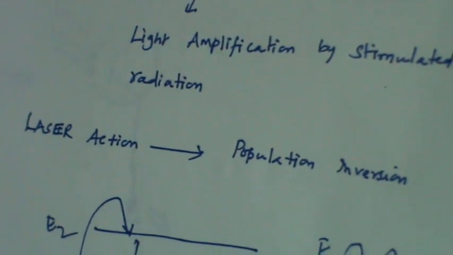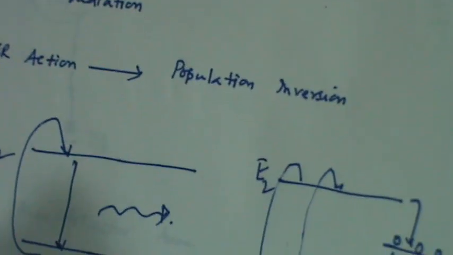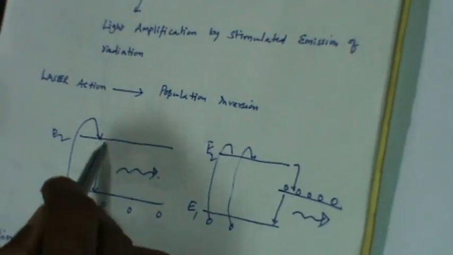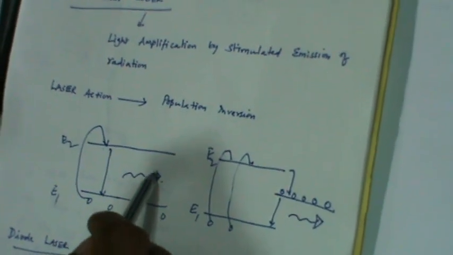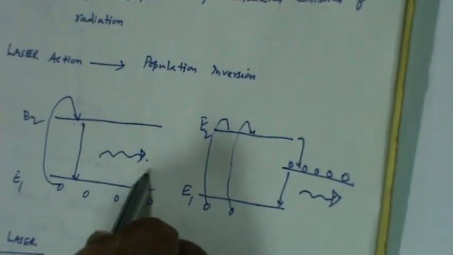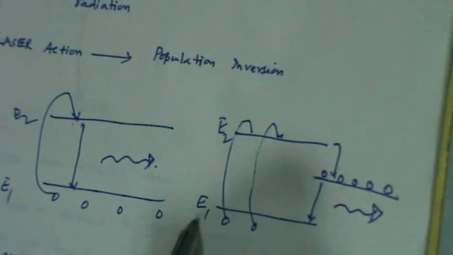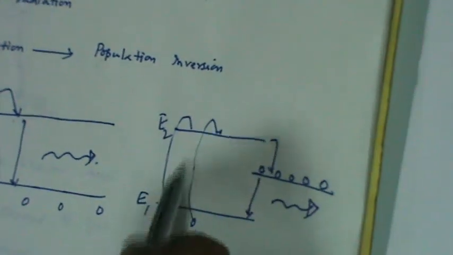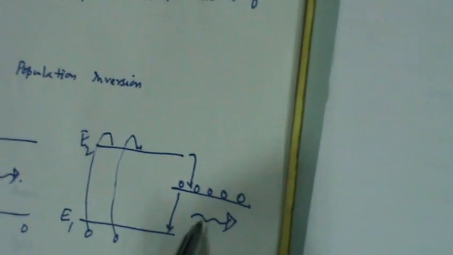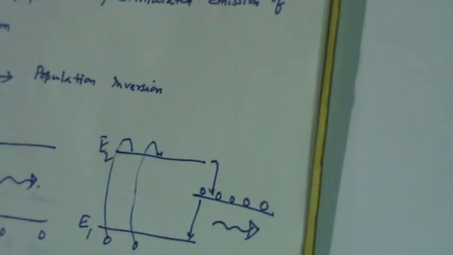You have atoms at energy level E1 and they are excited to a higher energy state E2, and when they come back, light of the difference in energy is released. When more atoms are made to go to the excited state and return to the ground state, you register more photons.